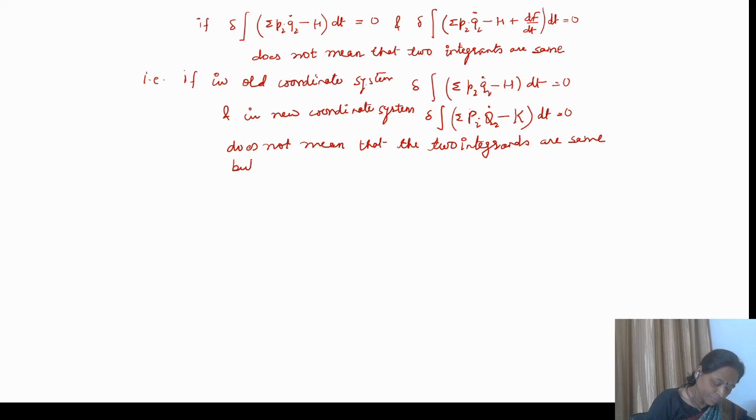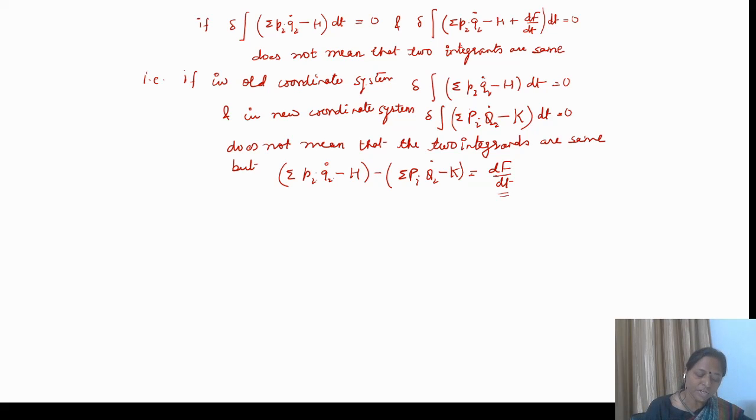But I may write pi qi dot minus H equal to Pi Qi dot minus K plus some quantity, and let that quantity be dF/dt. The reason being that the integral of this dF/dt has zero variation. So the two will differ by some quantity and I have written this as dF/dt.